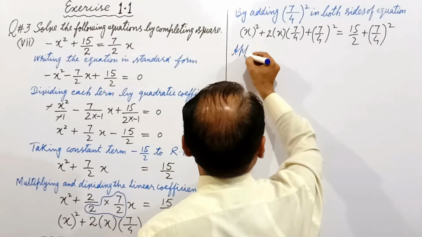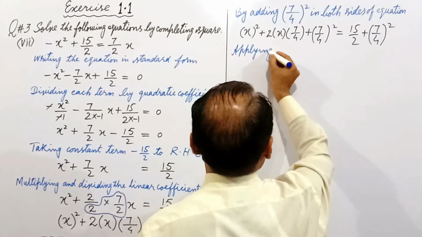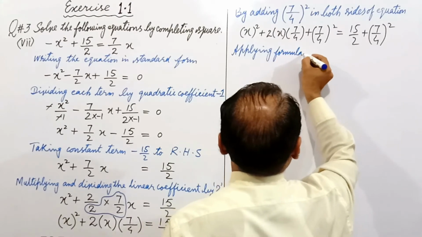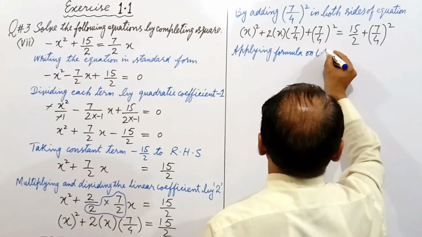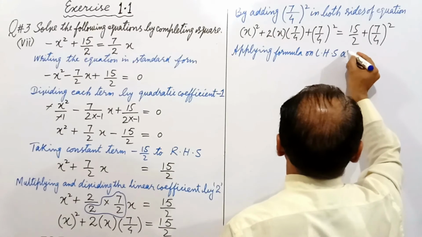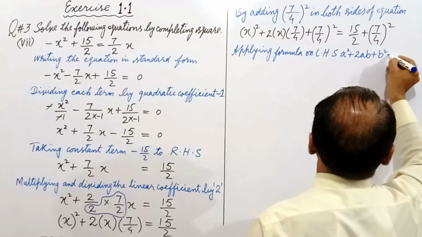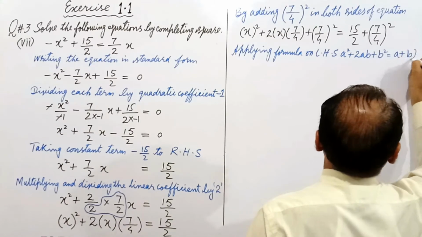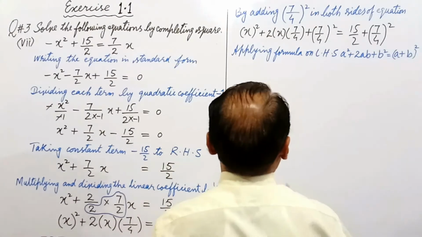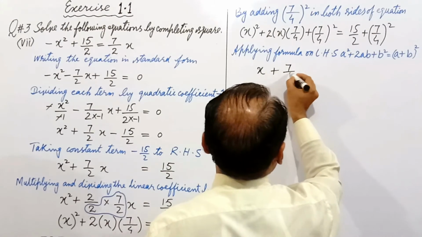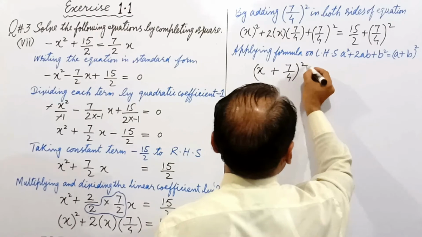Applying formula on left hand side, a square plus 2ab plus b square is equal to a plus b whole square. We have a perfect square in the left hand side, that is x plus 7 over 4 whole square.